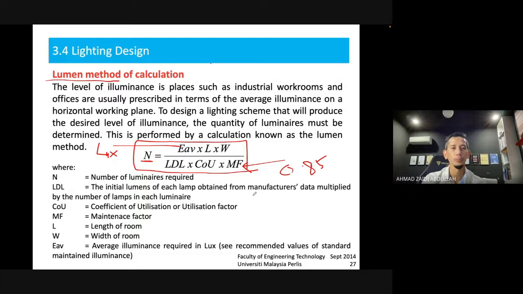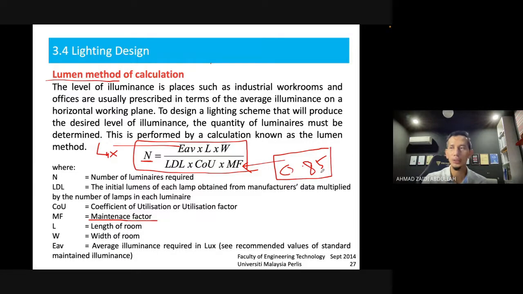Maintenance factor means that every lighting that we install, confirm it will need some time to maintain it, right? So normally we use 0.85, and this value is standardized by the JKR.